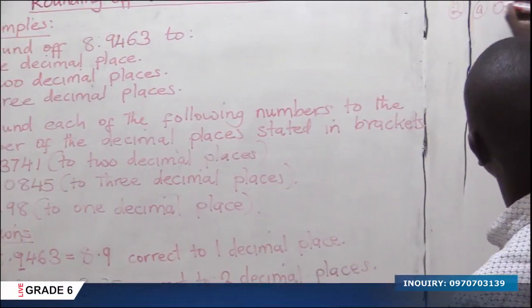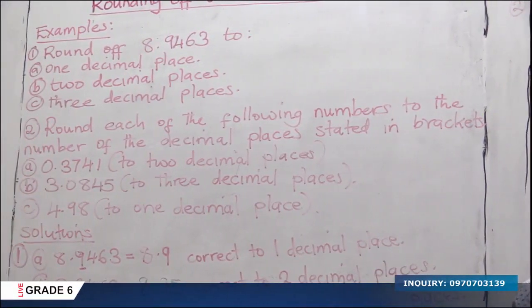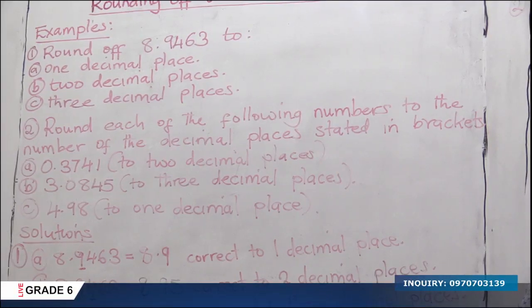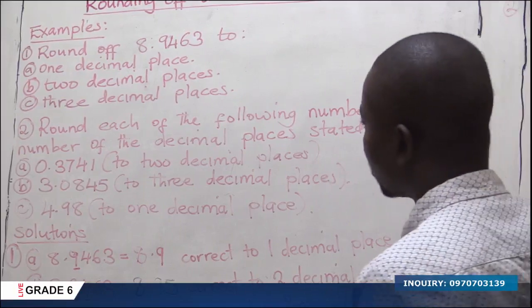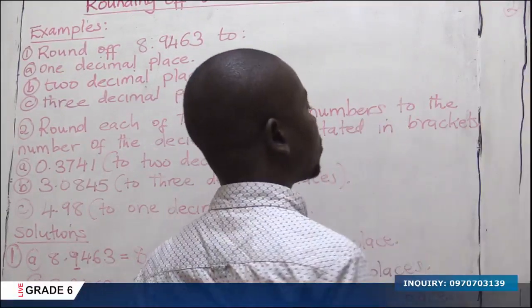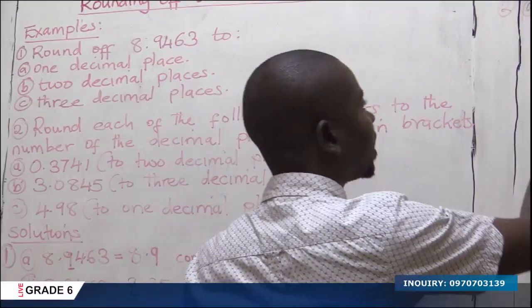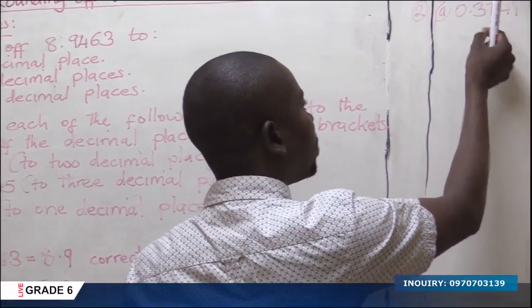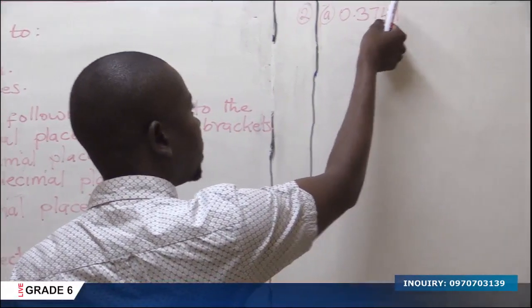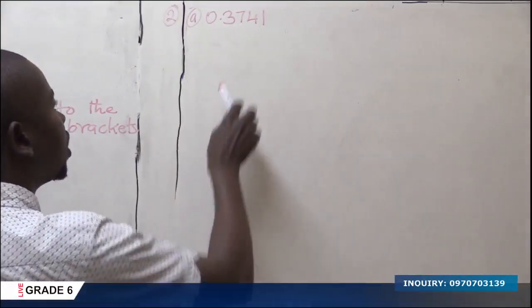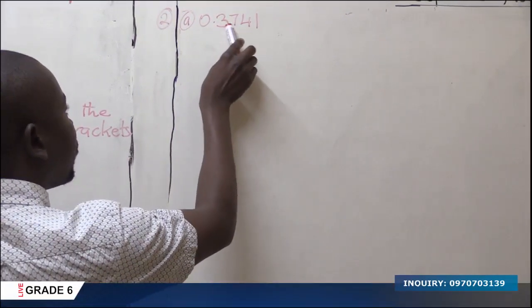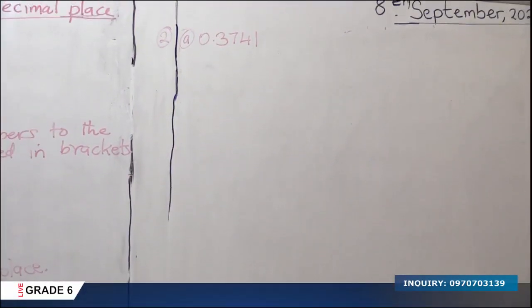So we have got 0.3741. Okay, so boys and girls, if we round off this number to 2 decimal places, this is the first decimal place, this one is the second decimal place.